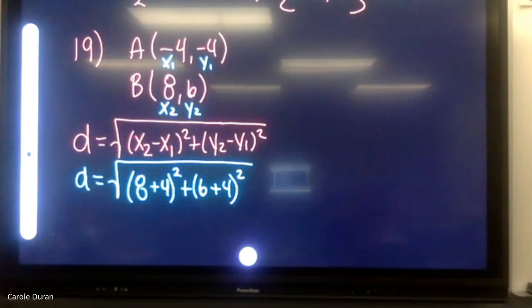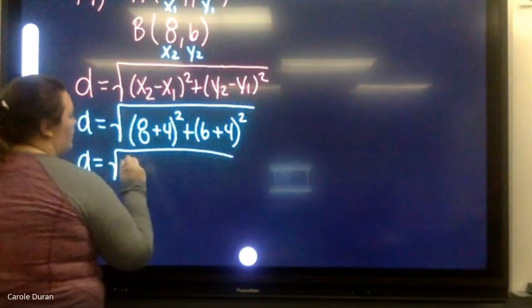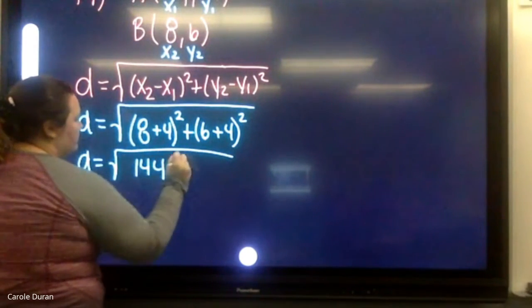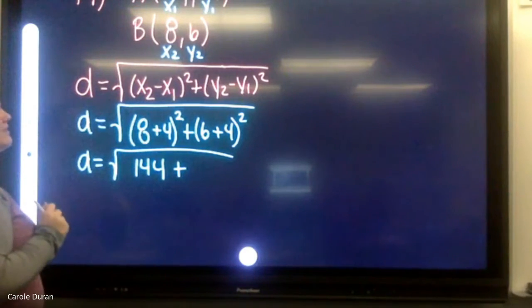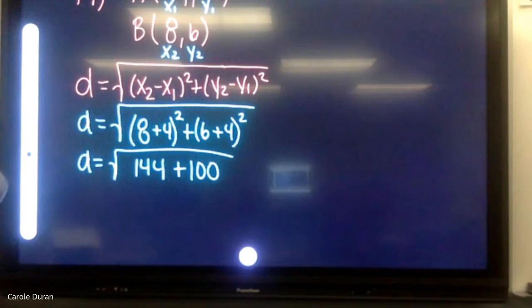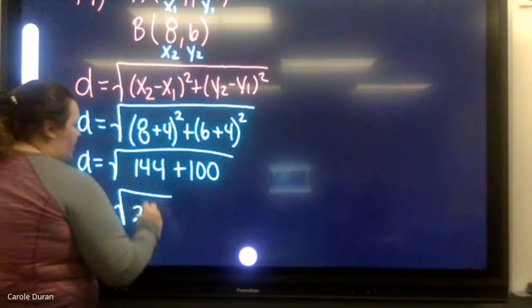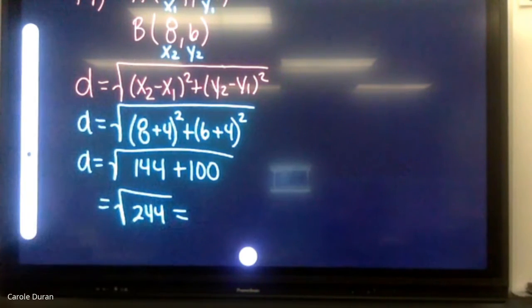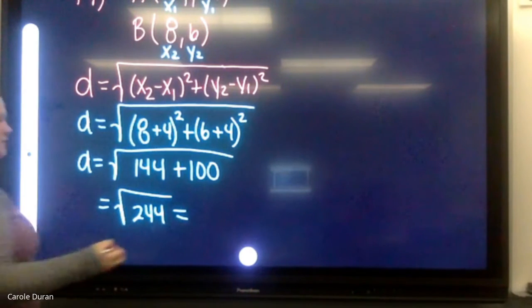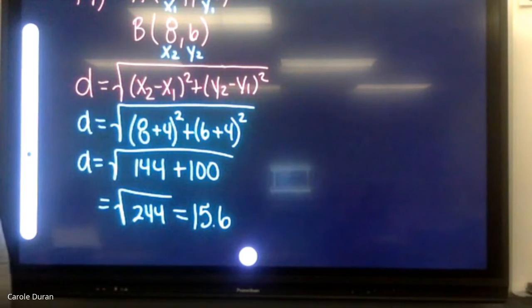I go ahead and start putting things together. 8 plus 4 is 12. 12 squared is 144. 6 plus 4 is 10. 10 squared is 100. So I end up with the square root of 144 plus 100. What's 144 plus 100? 244. And then in my calculator, I just take the square root of 244. 15.6. So 15.6 is the distance between these 2 points.